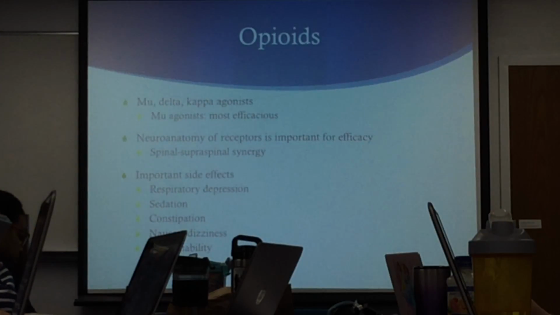They're almost strategically located to make mu opioids the perfect analgesic, because they're located at all these different sites. So that's what makes them so good. They inhibit all of the different aspects of pain, both the affective, motivational, and sensory.